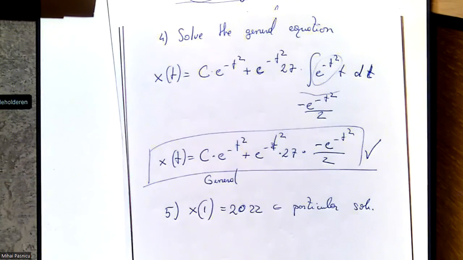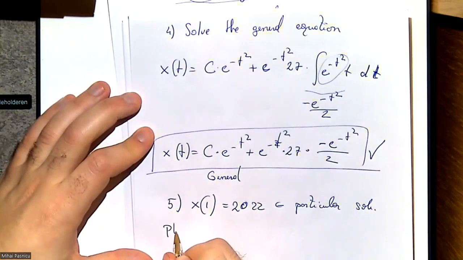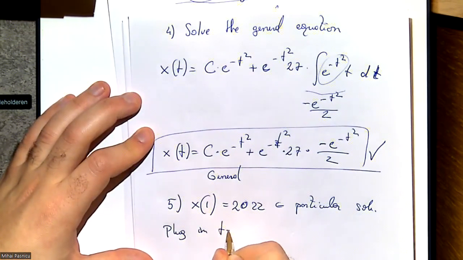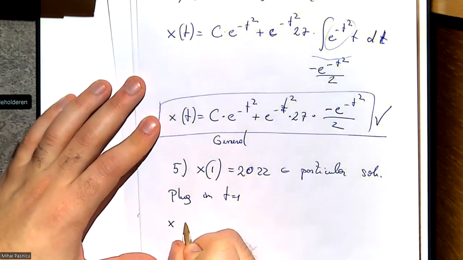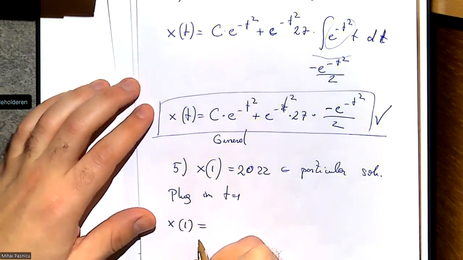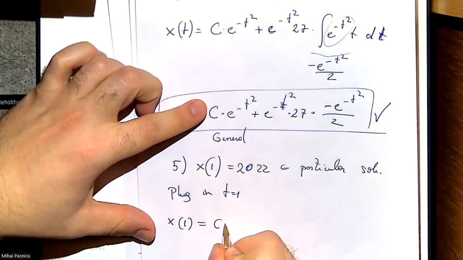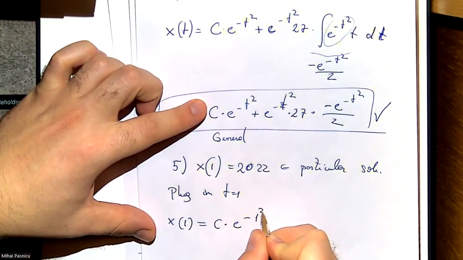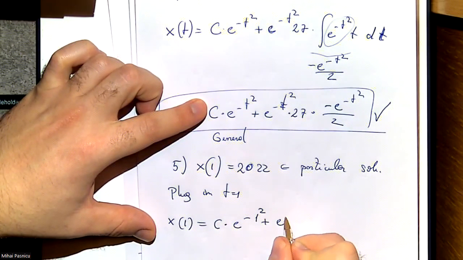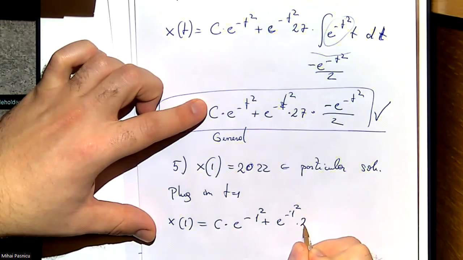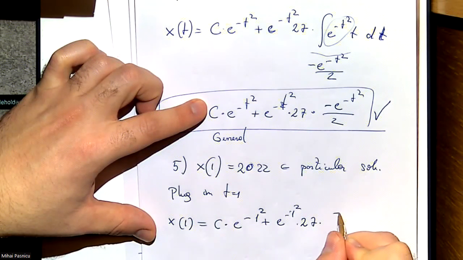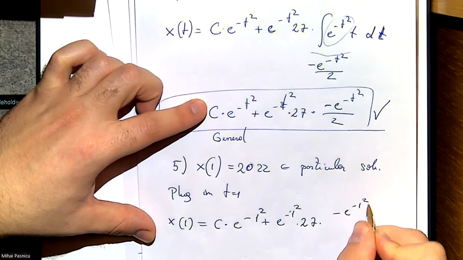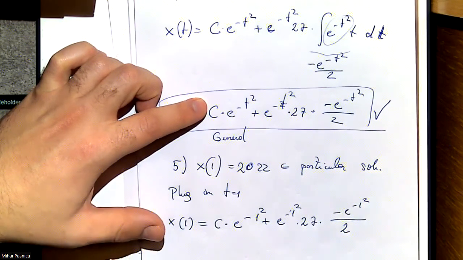You just plug in t equals 1. So I just get x of 1 is equal to, and I'm using my formula, c times e minus 1 squared plus e minus 1 squared times 27 times minus e minus 1 squared over 2.